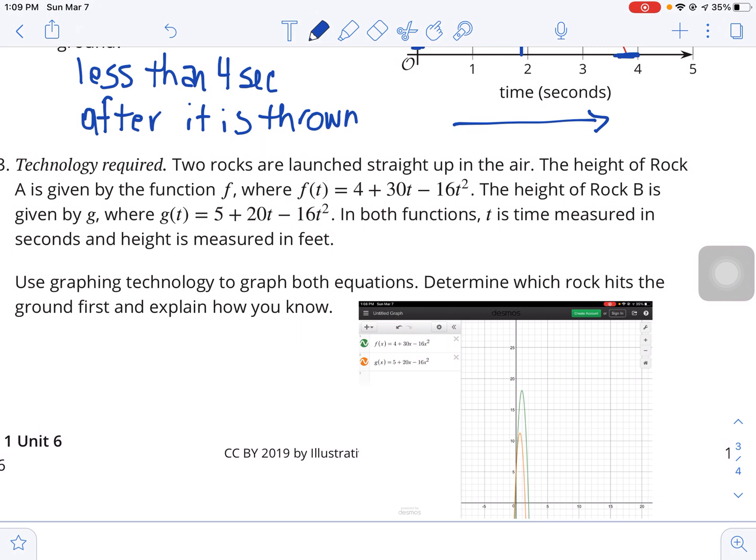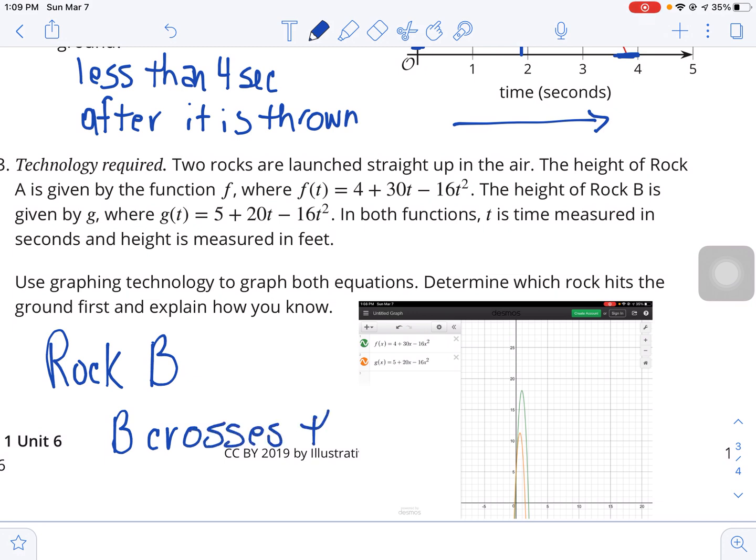It crosses the x-axis before the function f does, the rock A. Rock A takes a little bit longer, and so rock B hits the ground first. You know because B crosses the x-axis before rock A does.